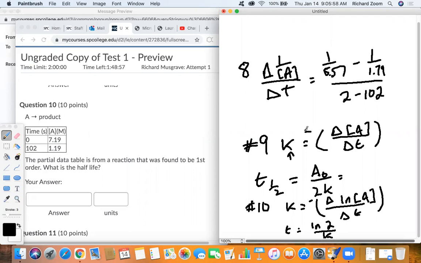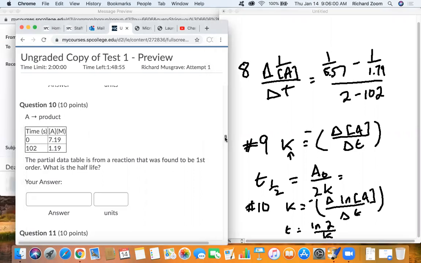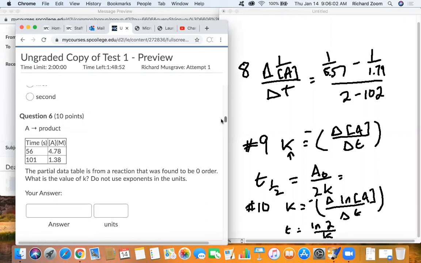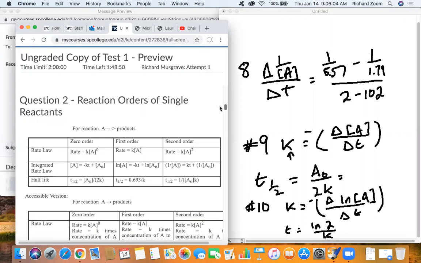I think it is log of 2 over K, or negative log of 2 over K. We'll see in a second. Yeah, T half is equal to log of 2, which is 0.693, divided by K.